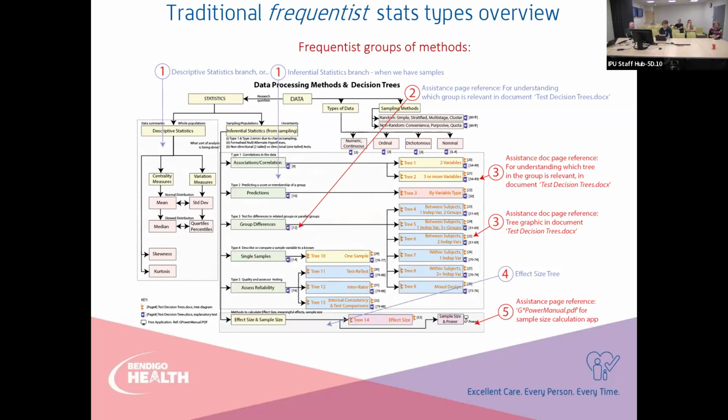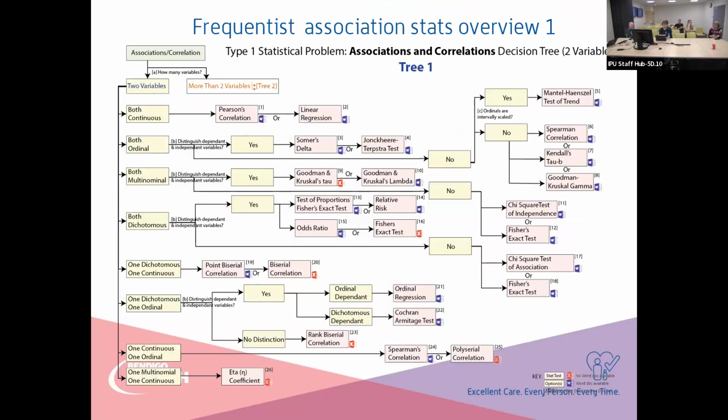If I just go into the next one, really quickly, this is a decision tree about which statistical test do I use. These are the groups, and you can look at that later when you get emailed this presentation. Next one. That's an example of associations and correlations, and those pink boxes are all different statistical tests. And that's a decision tree as to which test do I use given the data I've got.